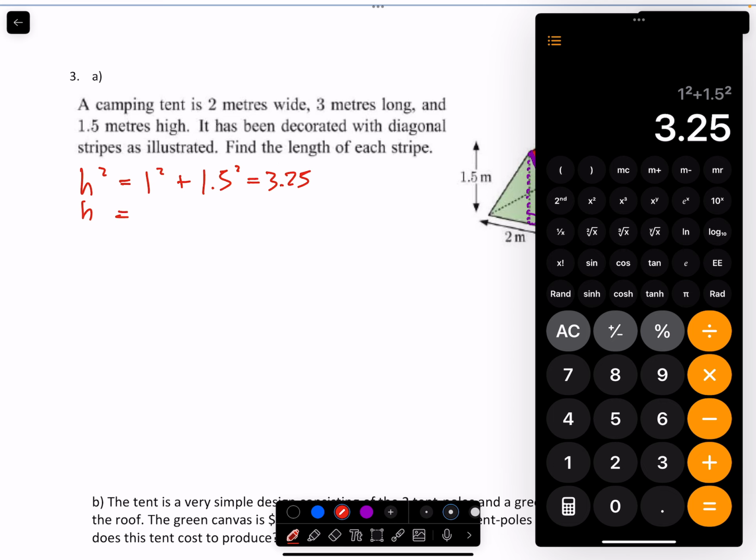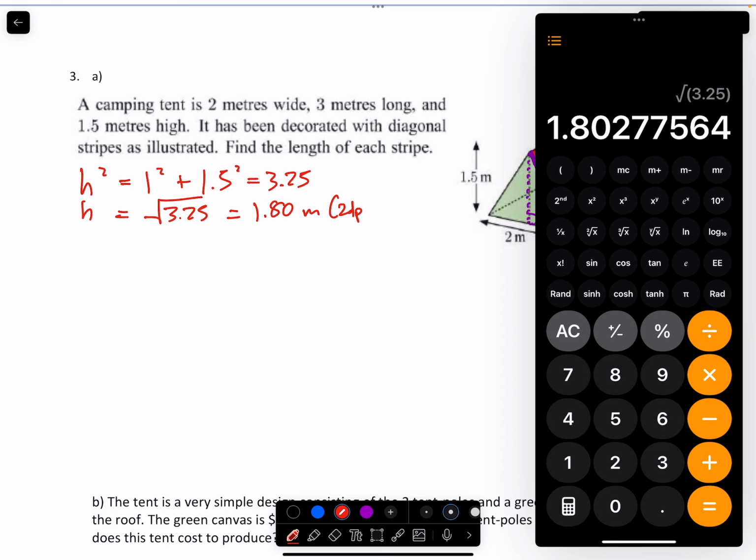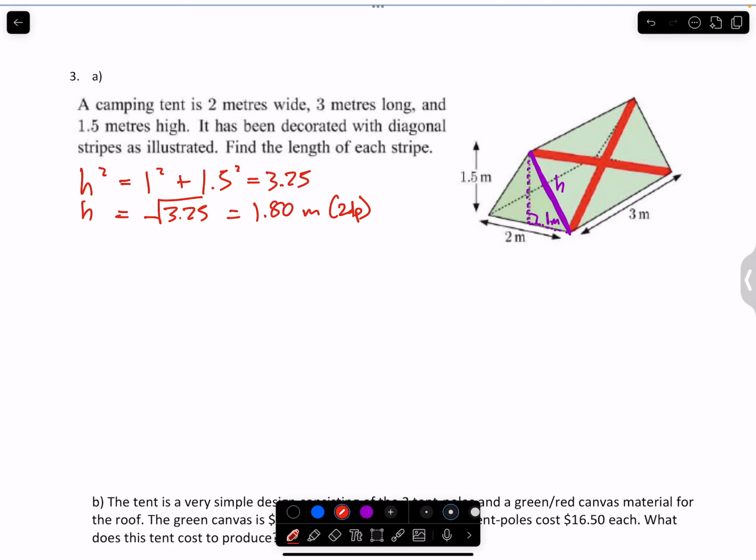So H is the square root of 3.25, which is 1.80 meters rounded to 2 decimal places. Why is that important?